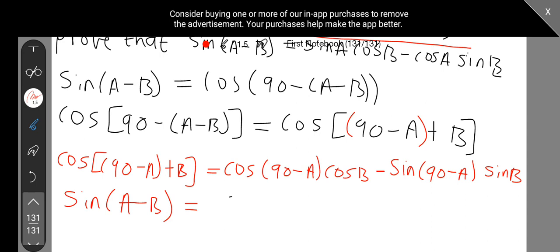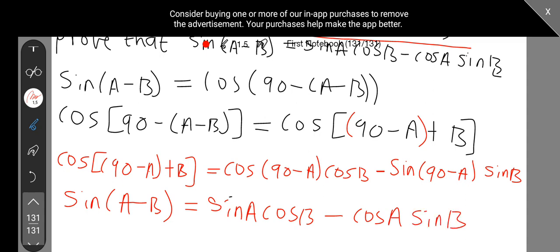So we can say that cos(90 − A) is equivalent to sin A. So here we're going to have sin A cos B, minus sin(90 − A), which is equivalent to cos A, times sin B. So this is the identity. We have proved it. Make sure you follow all the steps needed to prove the formulas.